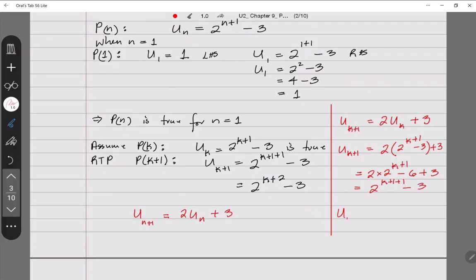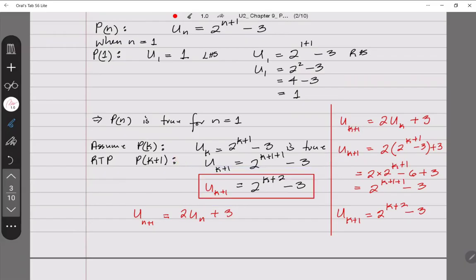So Uk plus 1 is equal to 2 to the k plus 2 minus 3, which is what we're asked to prove in the first place. We're asked to prove this statement, and we just did.